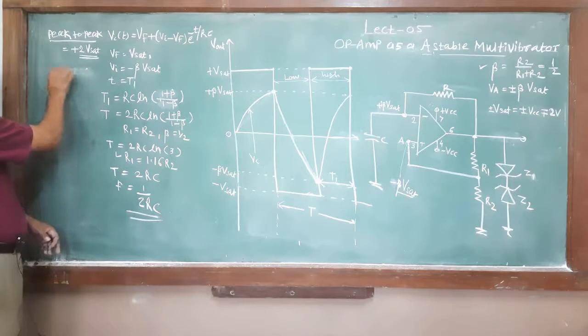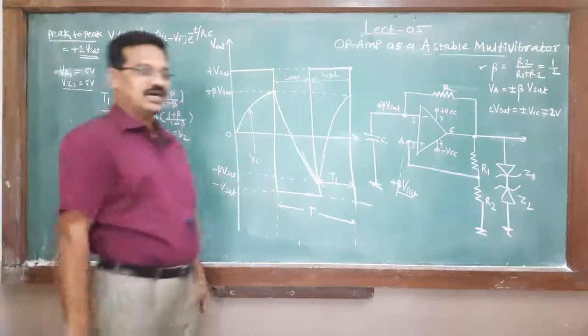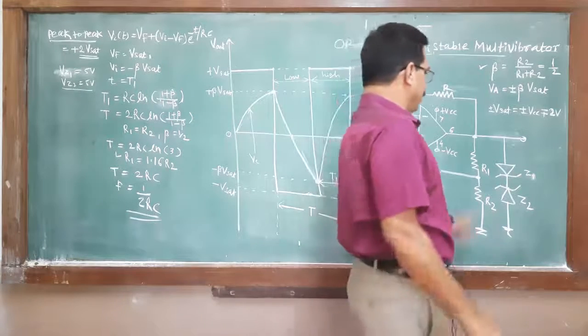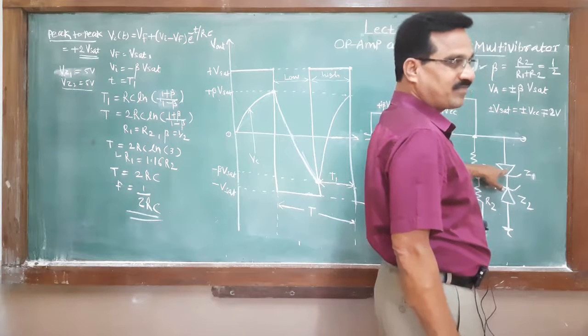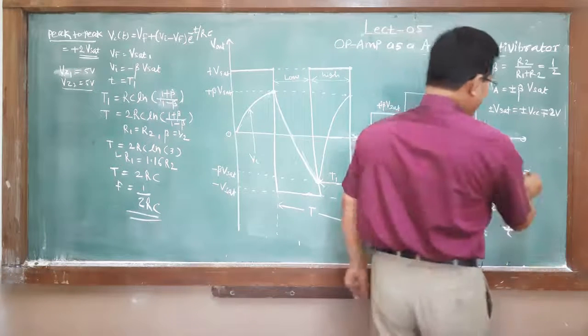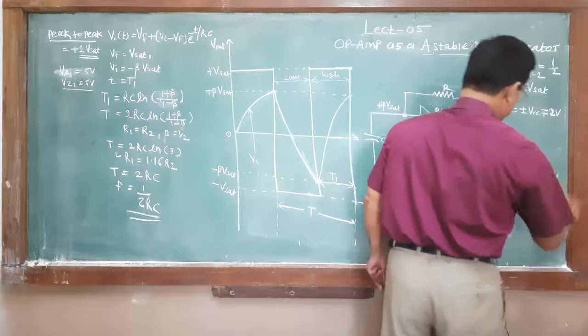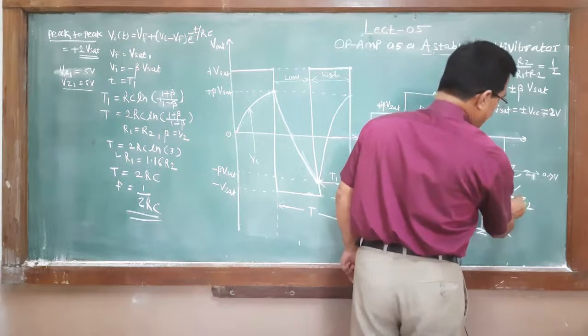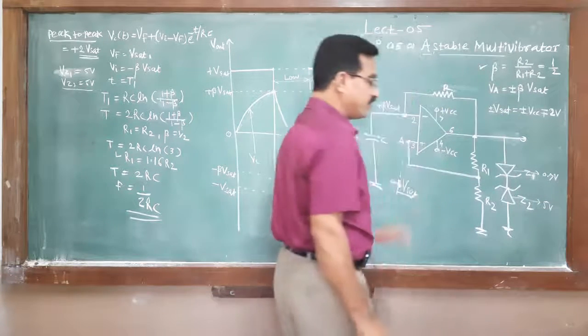Means VZ1 is say 5 volt and VZ2 is say 5 volt. When the positive saturation occurs, at that time this one is forward biased. Forward bias means the voltage across this is 0.7 volt. And this one is reverse biased, and the voltage across this is 5 volt. Then the output voltage is 5.7 volt.